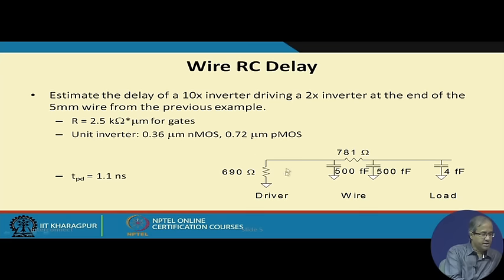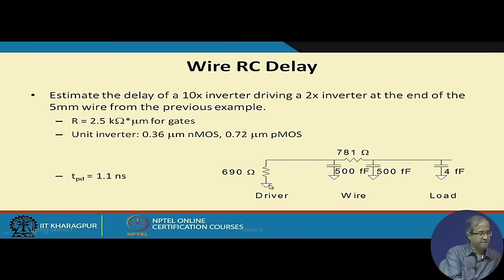Now, for the transistor, for the gate here, the feature is 0.36 micrometer for NMOS, and now here we are considering the path to ground, which is NMOS. So, if you just calculate 2.5 kilo multiplied by 0.3, it comes to 690 ohm.